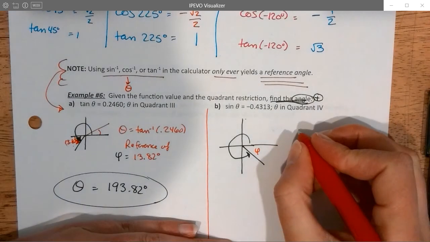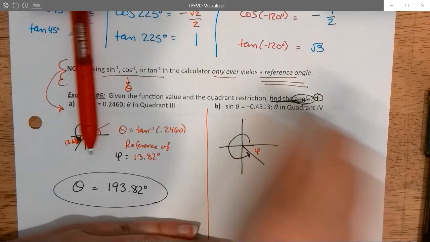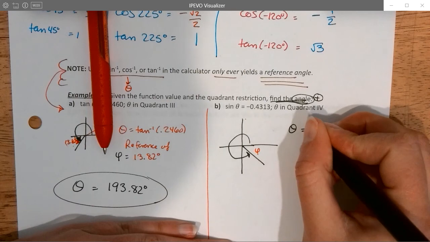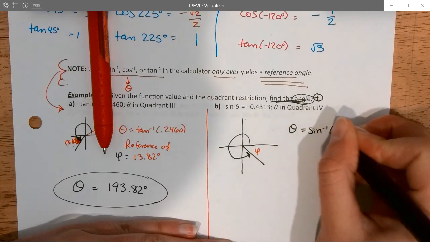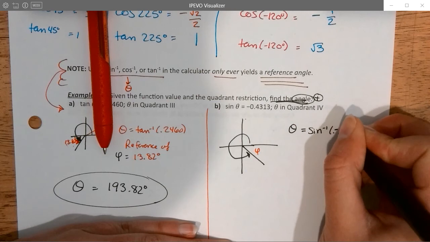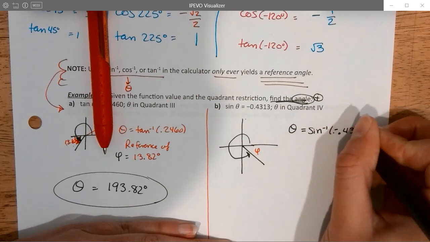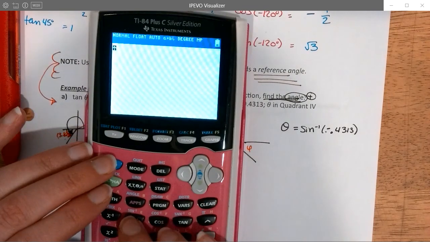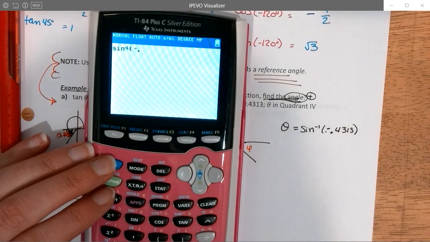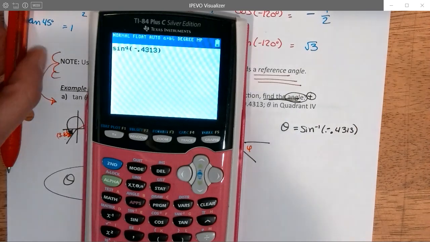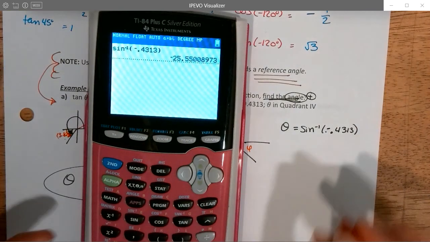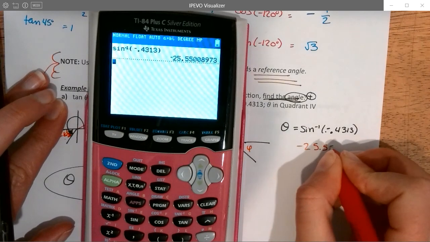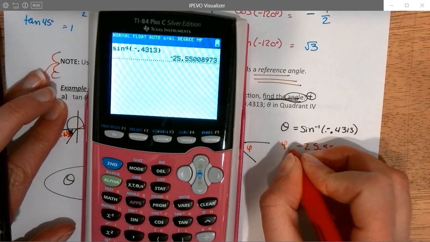So first of all, I'm going to seek theta by finding the arcsine of negative 0.4313. Okay, so if I calculate that, the arcsine of negative 0.4313 is negative 25.55. Remember, that's actually not theta, that's phi.